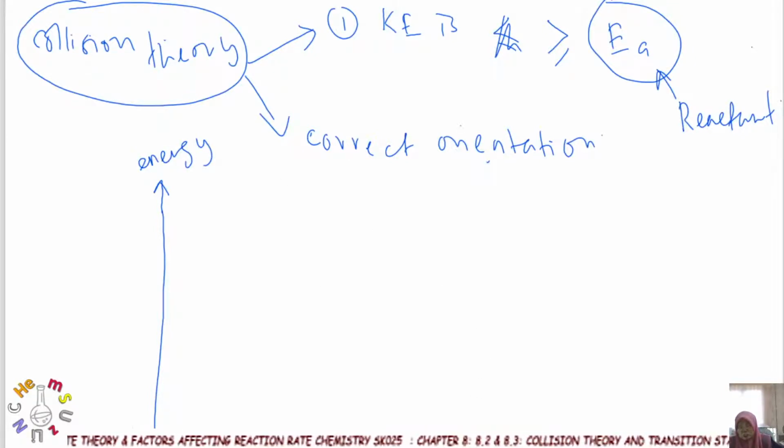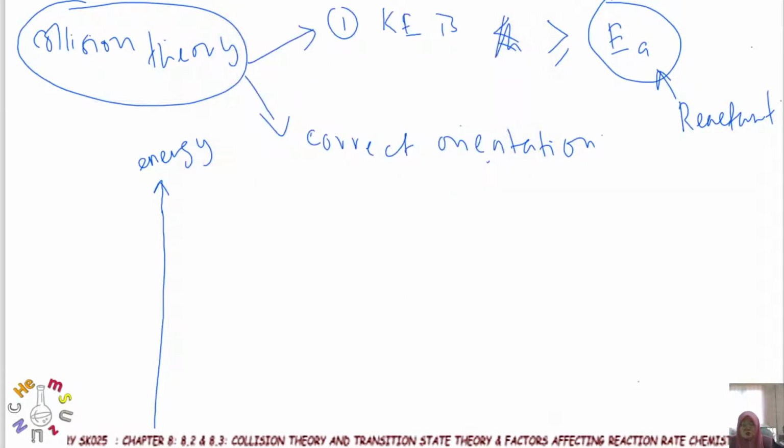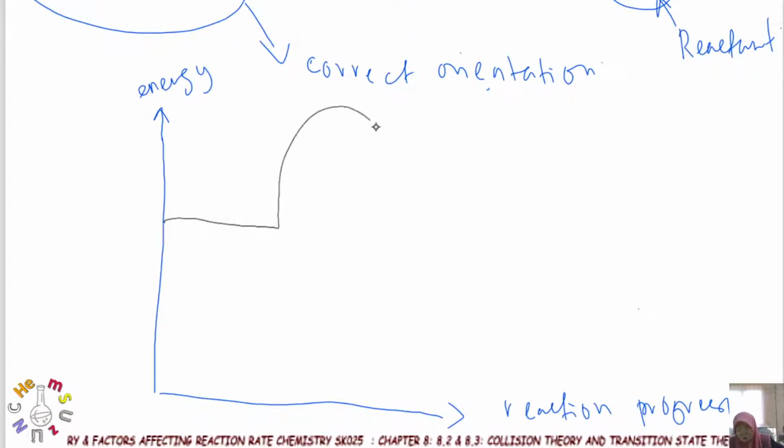Okay. Here is the reaction progress. Dan kita pun lukislah. Kita ambil warna gelap sikit. Okay, and then curve.